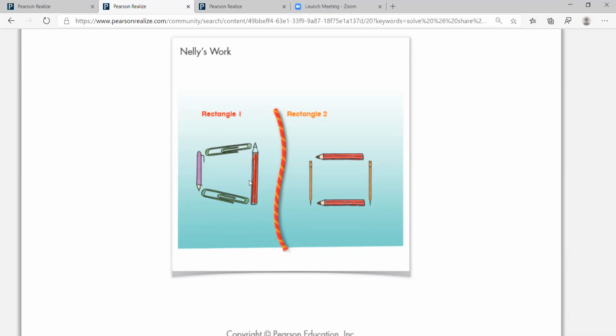So this does not have an opposite pair of the same length, which causes her paper clips to go on an angle. Remember, for a rectangle, opposite sides have to be the same length. However, in example number 2, she does make an appropriate rectangle. She uses two school supplies of the same length for her sides and two of the same for top and bottom.